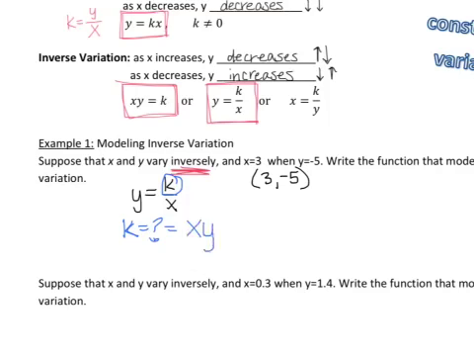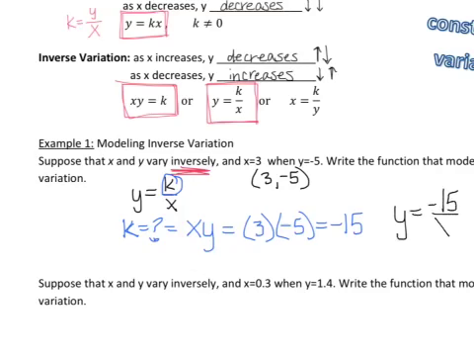So we plug in. What is x for us? It's 3. y is -5. Multiply them, we get -15. We plug that back into the formula, so we get y equals -15 over x. And that's the answer.